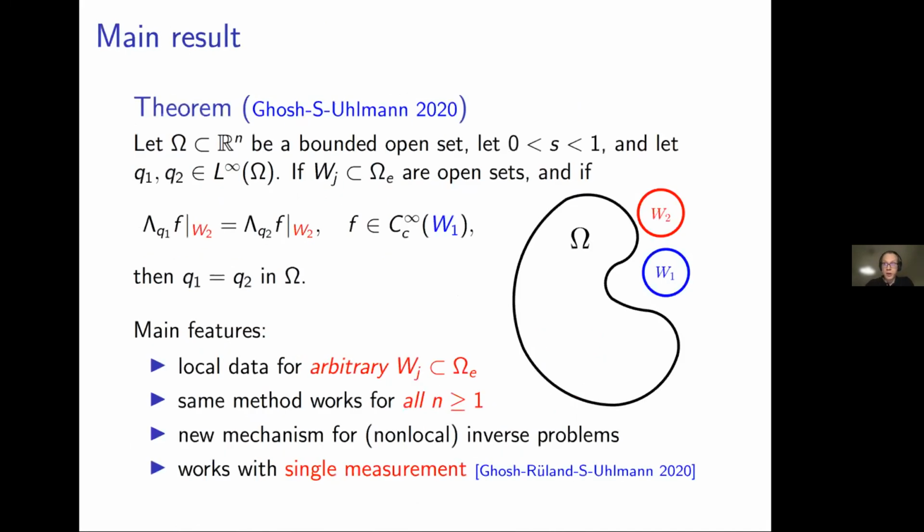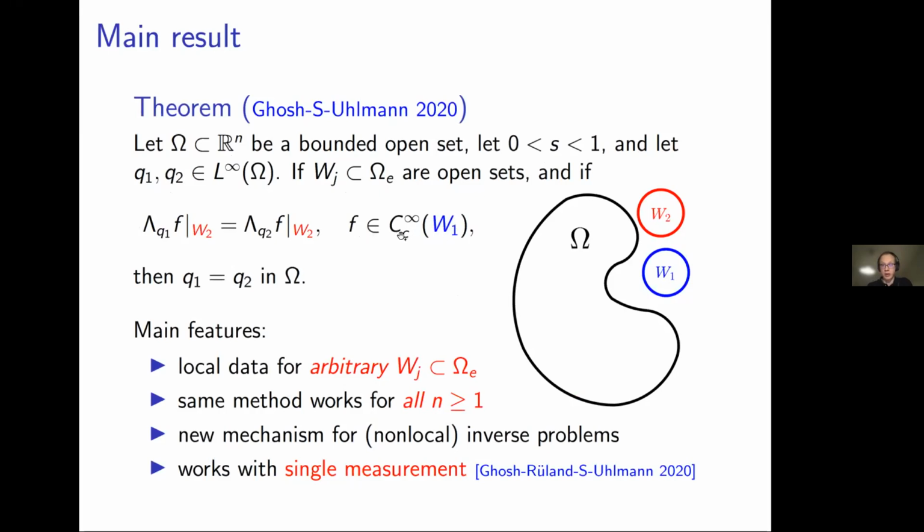So the result we got with Ghosh and Uhlmann was the following. So omega is any bounded set, s is between 0 and 1, and you have two potentials q1 and q2. And this is a local data problem. So you are only making measurements in small sets. So you have this blue set W1, and you are imposing your Dirichlet data only in this blue set.